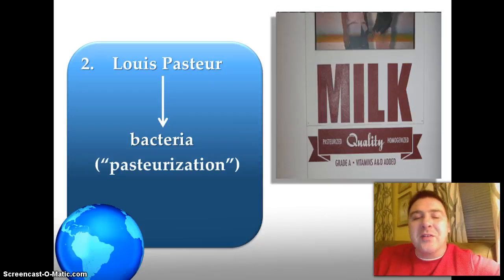Especially for the process of making dairy products safe. Historically, dairy has been very dangerous for humans because bacteria left unchecked to grow in dairy products, whether it's milk or cheese or other dairy products, has typically made humans sick.